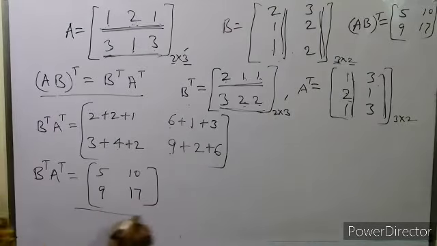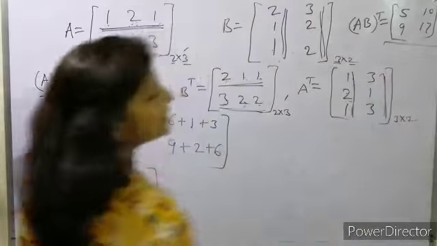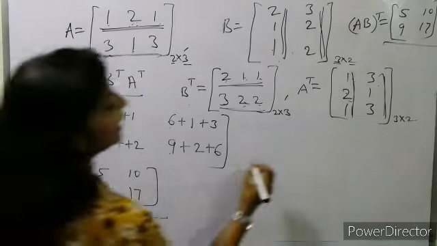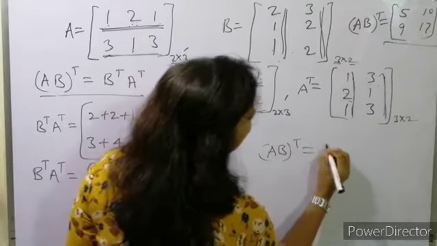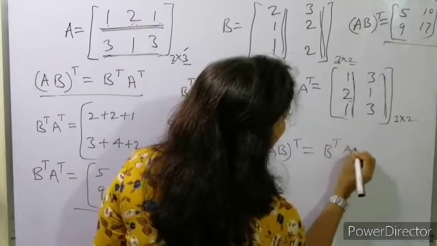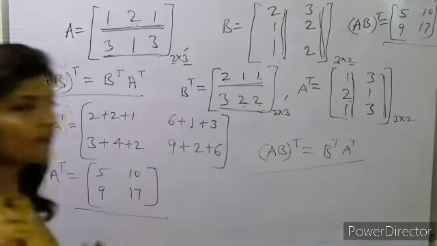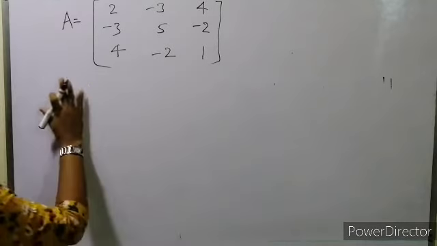So this value and this value are the same, so we can say that A B transpose equals B transpose into A transpose.